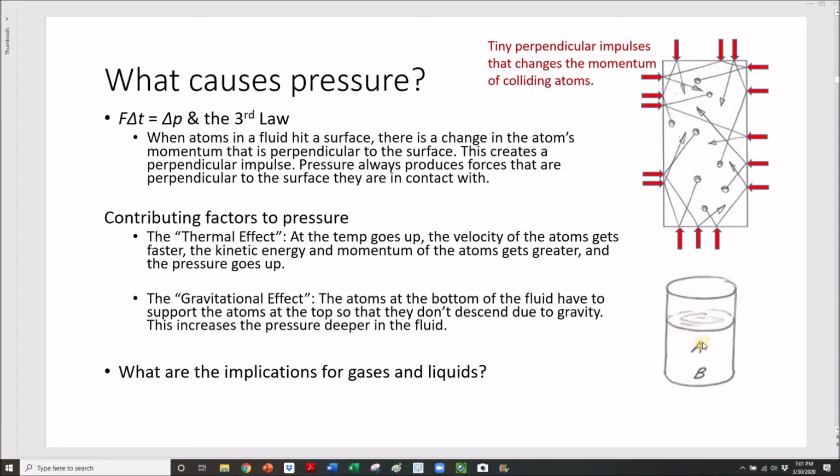Gravity is pulling all of these at A down towards B. But if the fluid is static and not moving, then that means that these have to push more than the ones at A have to push up, because they don't have to hold up as much. So this means that the deeper you get in the fluid, the greater the pressure. And you should know this because you've all gone swimming and swam to the bottom of a pool, and you can feel that extra pressure. Or you've been in an elevator or a plane. As you go up, your ears will pop because the pressure decreases.